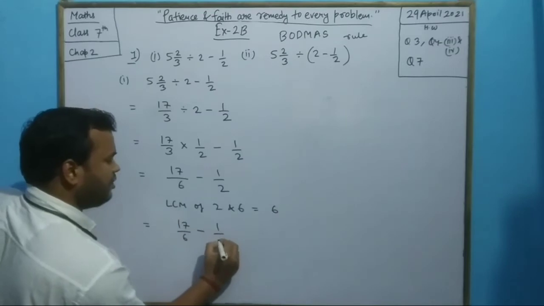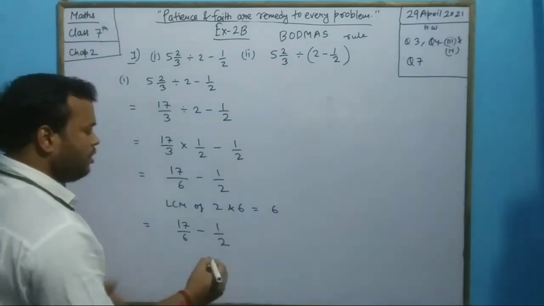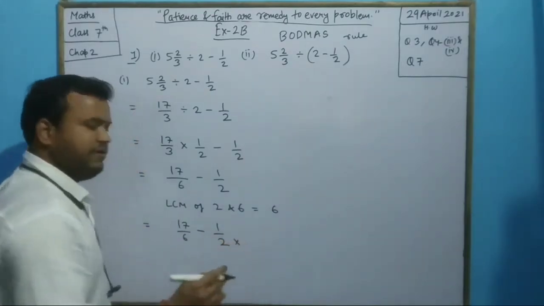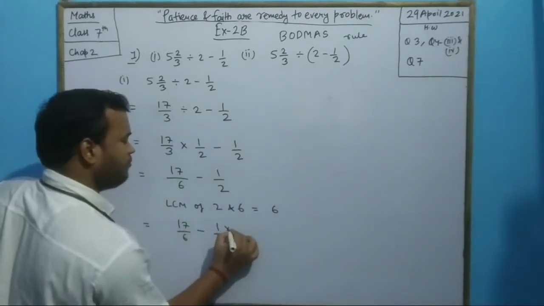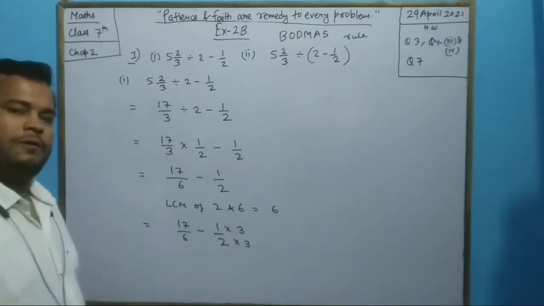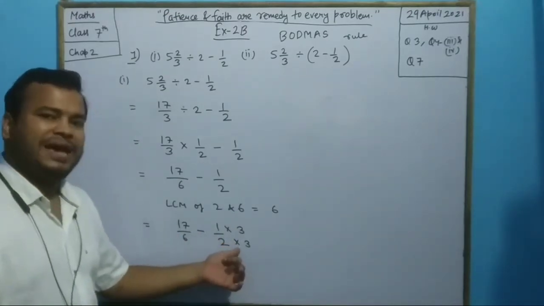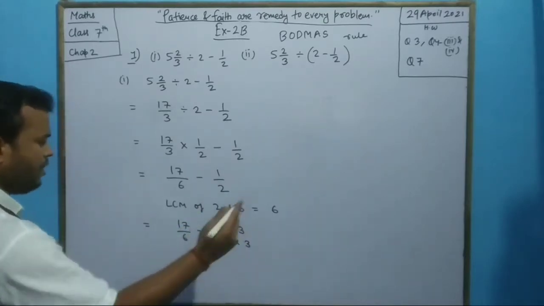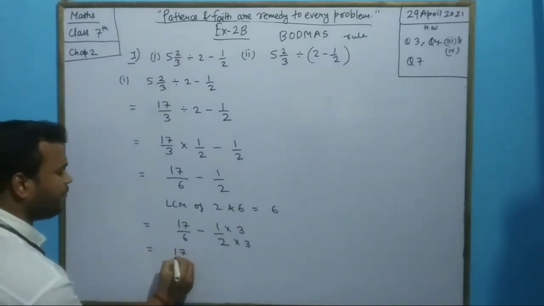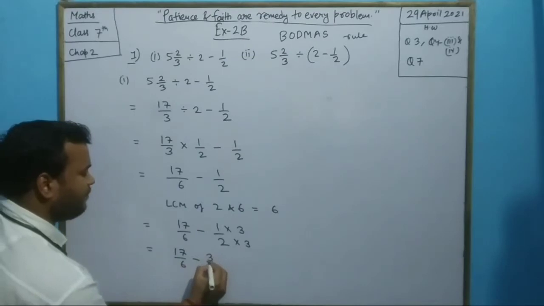Here the denominator is 2. We need to change it to 6. We need to multiply 2 by 3 and the numerator also by 3. We need to multiply the same number to the denominator and to the numerator also. What will happen? It will be 17 upon 6 minus 3 upon 6.